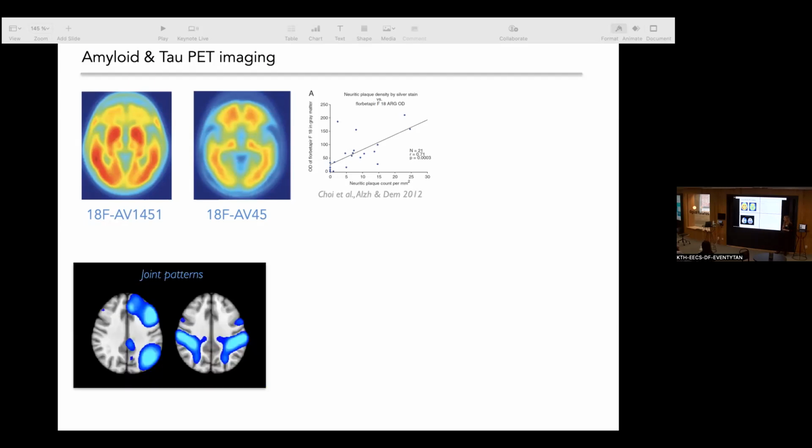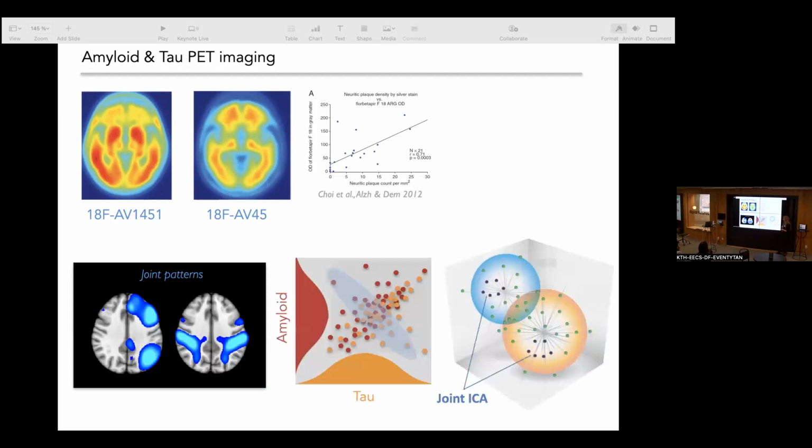And for that, we identified the joint patterns using particularly a joint ICA analysis. So it's a normal ICA analysis, but it determines the hidden structure in the data by using the matrices from the two imaging modalities.